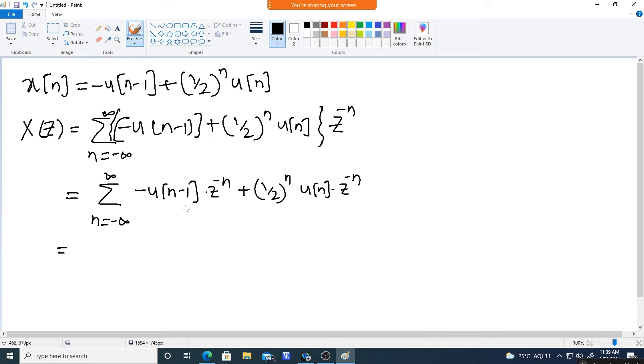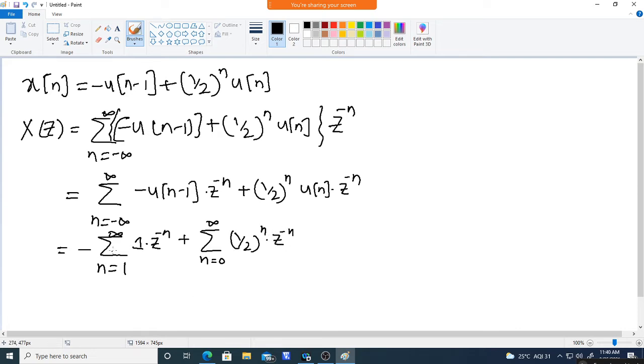Since it exists from 1 to infinity, minus comes outside and summation n equal to 1 to plus infinity, the unit step function becomes 1, and z power minus n. Plus summation, now this is u of n, so this starts from 0 to infinity, half power n into z power minus n.